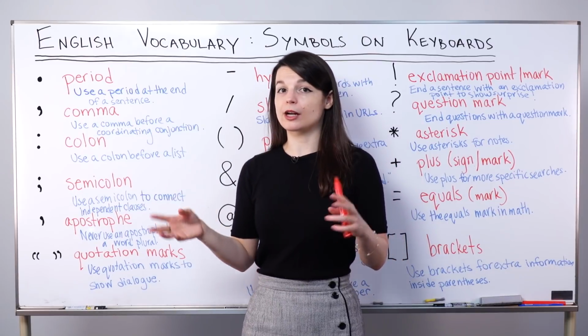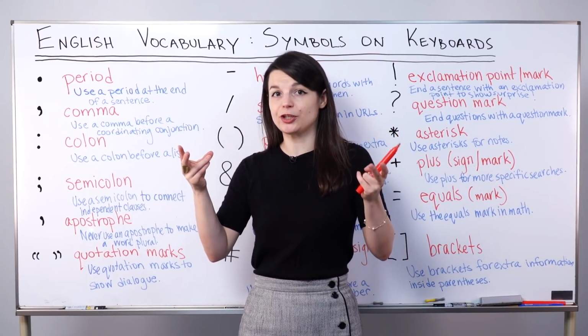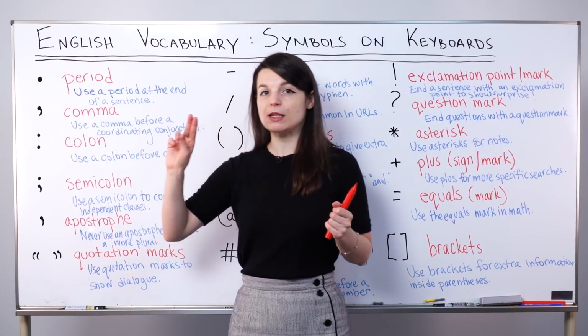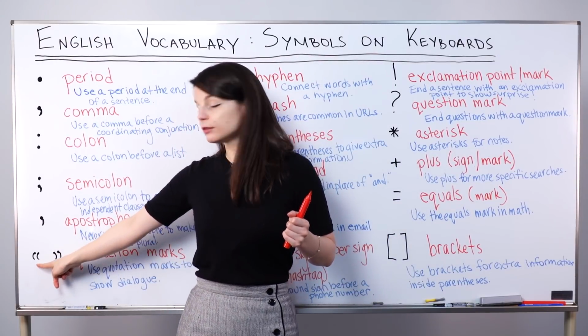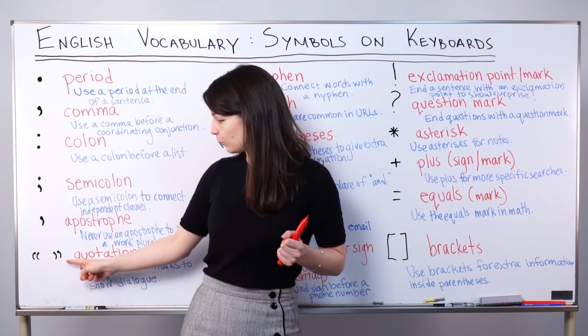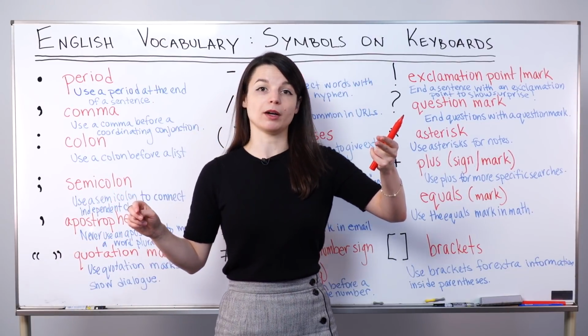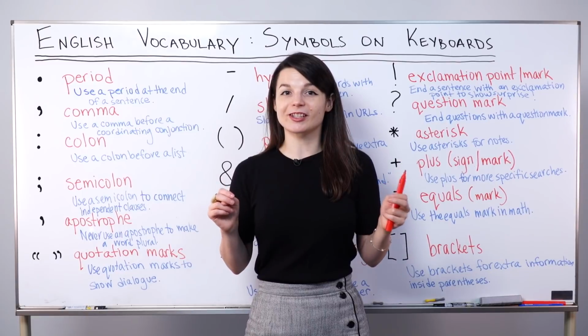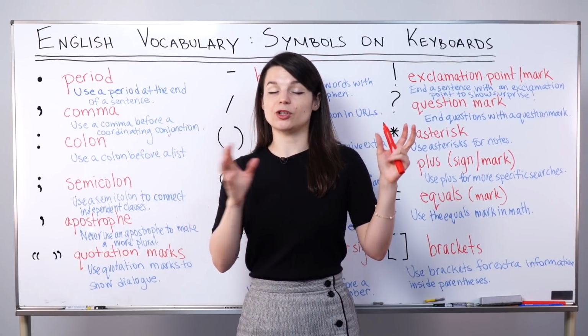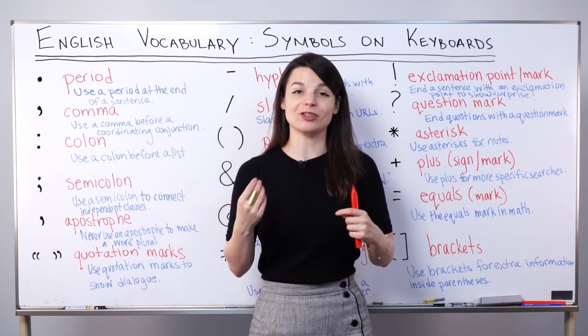We mark the character's speech with quotation marks. When the character begins speaking, we use these open quotation marks. When the character finishes speaking, we use these closed quotation marks. So this helps the reader understand where the speech starts and where the speech stops. This makes reading much easier.